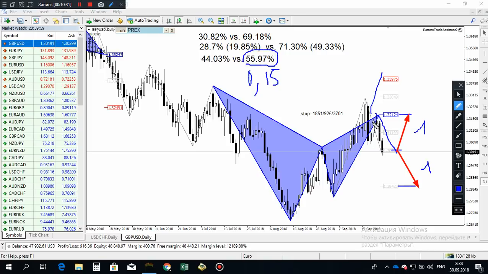So after the pattern hits the first level, the price action unfolds this. At this very point, you can sell it, placing stop loss here and target here. Very, very nice strategy with a very good expectancy.